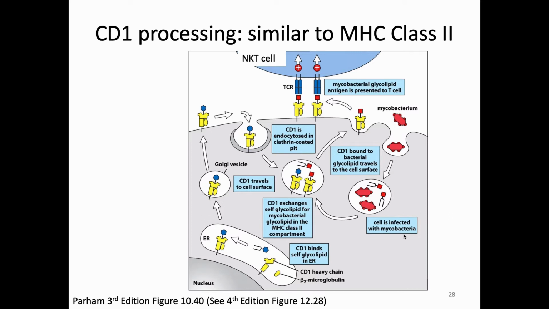It moves only through the biosynthetic secretory pathway. It picks up lipids in the biosynthetic secretory pathway and then moves to the surface of the cell in order to present those lipids. So structurally, CD1 looks a lot like Class I, but cell biology-wise, CD1 looks like Class II.